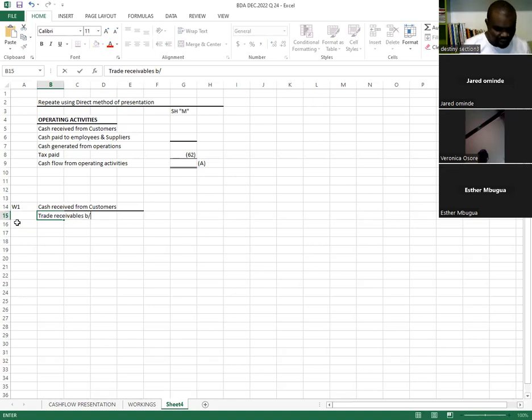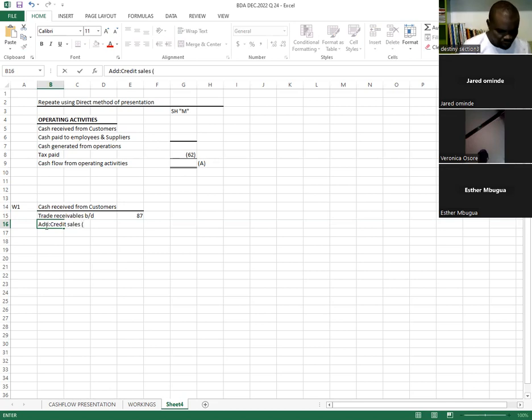At the start of the year, you check how much the trade receivables were. So check in the question, 2021. How much can you see? Yes, 87. Then you add what we call credit sales.